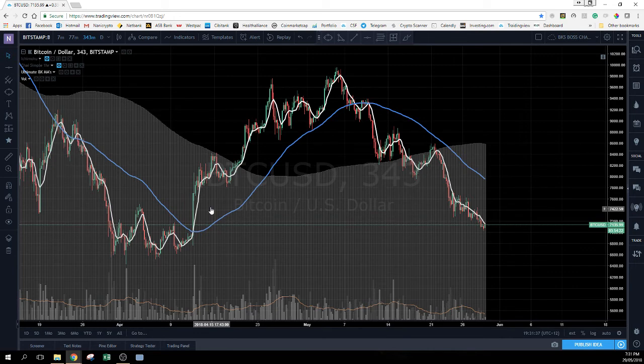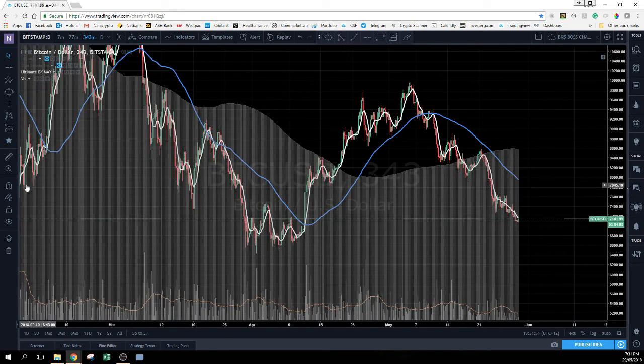So let's just say we've seen it kind of double, it's kind of touched these lines a few times. This is 6.5, so that was that line we had drawn before. And then we see this huge spike in volume and it starts going up.